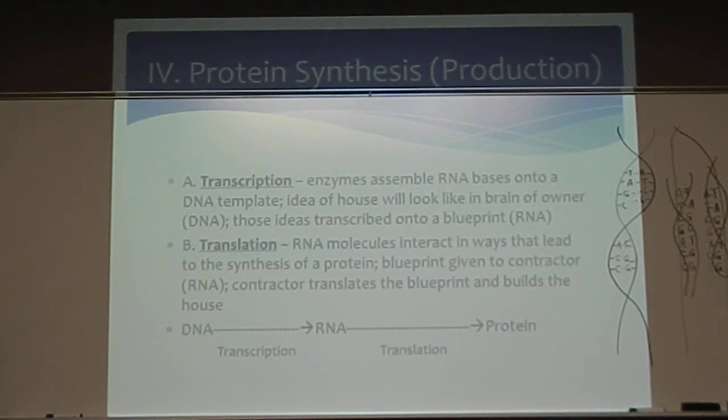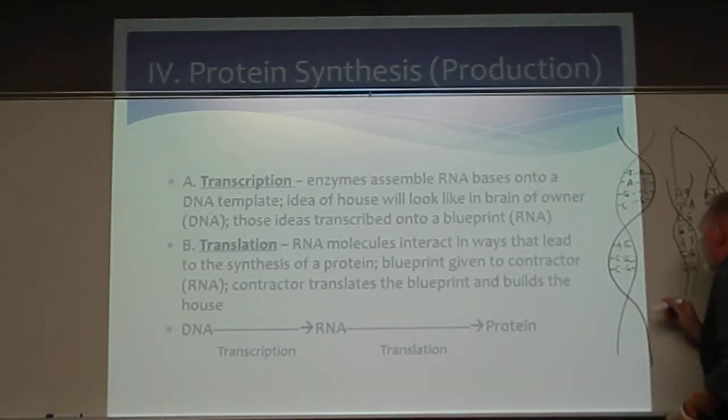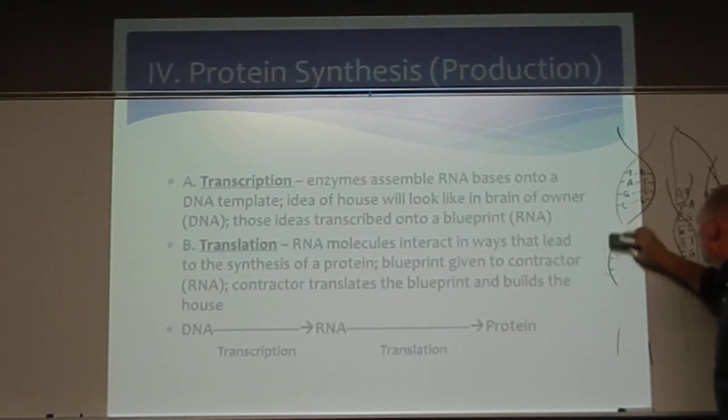So let's say that on our strand here, ACC is the part of the DNA that needs to be coded in transcription onto RNA so that we can get the right protein made. All right, and so what will happen is the DNA will unzip wherever it needs to.